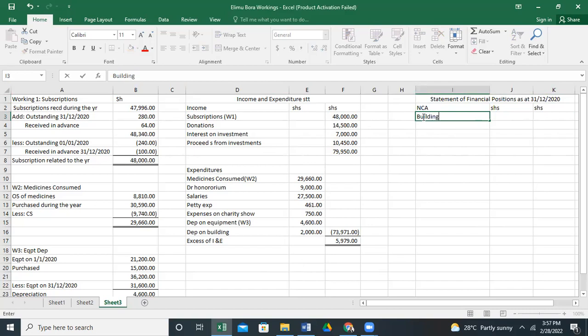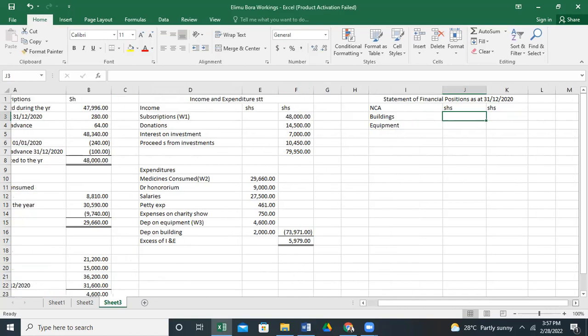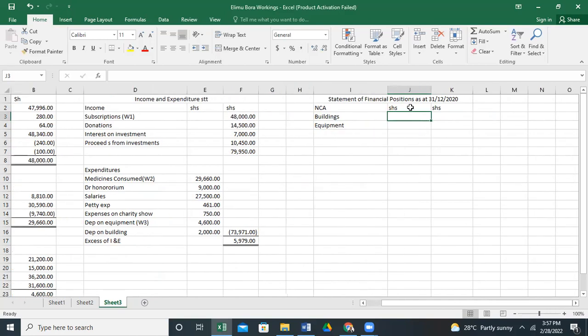We normally arrange them in what we call the order of permanency. So I had also equipment. So that I get the figures. So I have the original figure. Let me do it like an accountant. Let me have 3 rows.